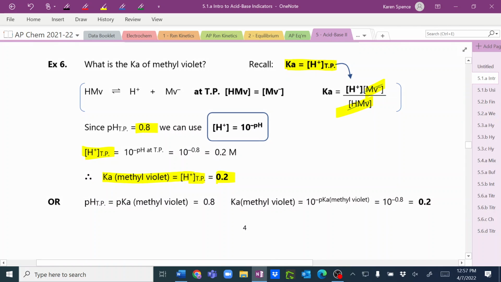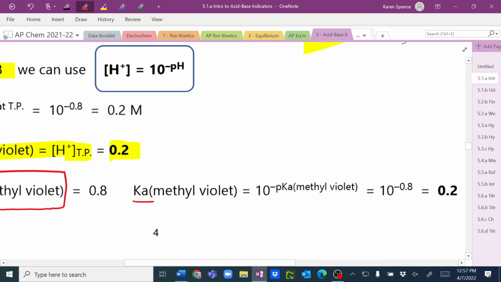You could say pH at the transition point is equal to pKa. And then you could say Ka is equal to 10 to the negative pKa. Either way, you're doing the same math.